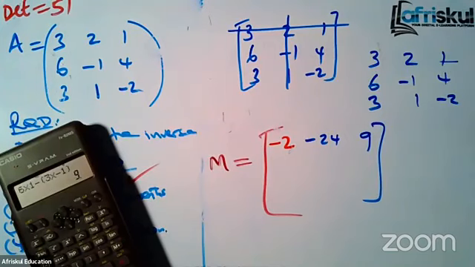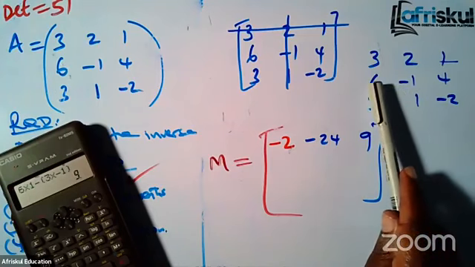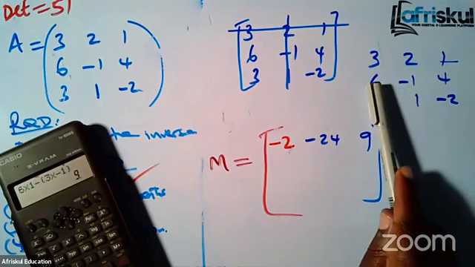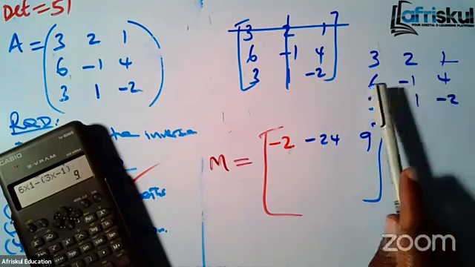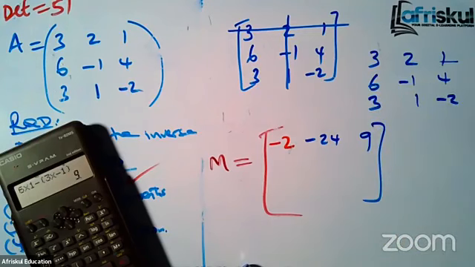This time round, it is your turn to give us an answer in the comment section: the minor element for this fourth value, which is 6. Quite easy. You will hide it row-wise and column-wise.